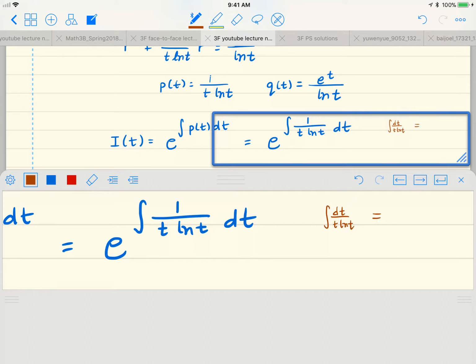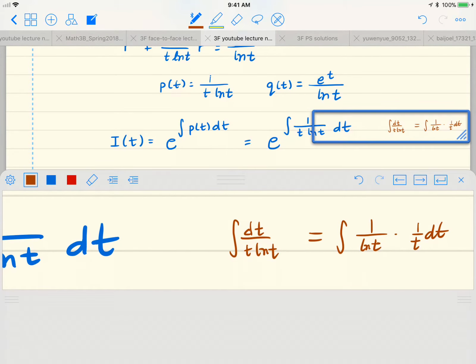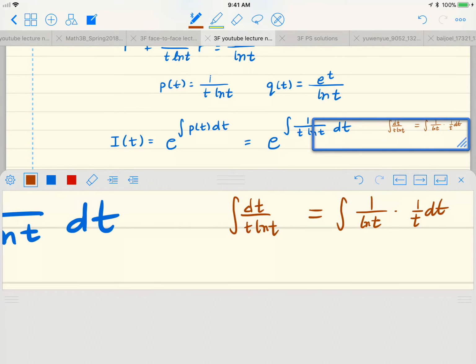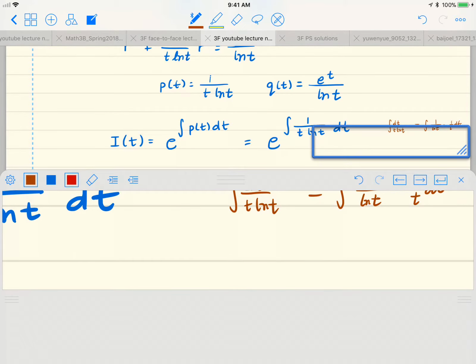Remember, this is the same thing as the integral of 1 over natural log of t times 1 over t dt. So in fact we can even get in closer. If I let u equal natural log of t, then du is equal to 1 over t dt, right?